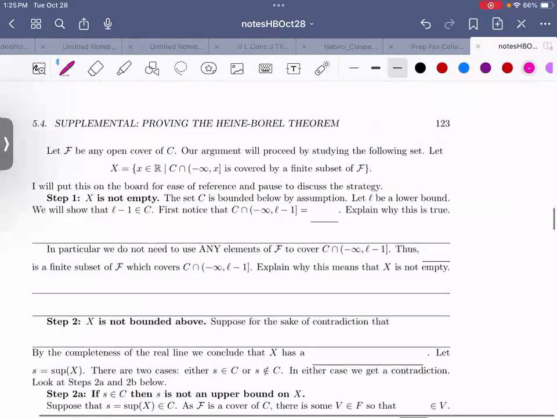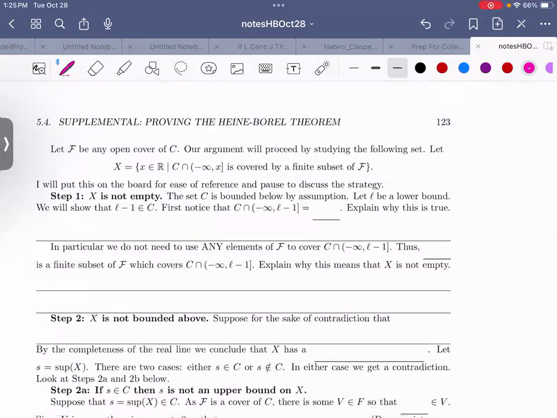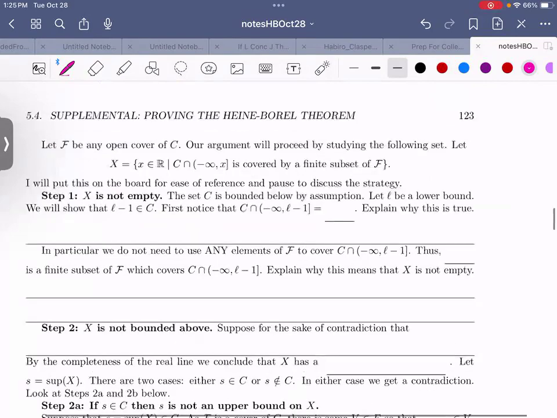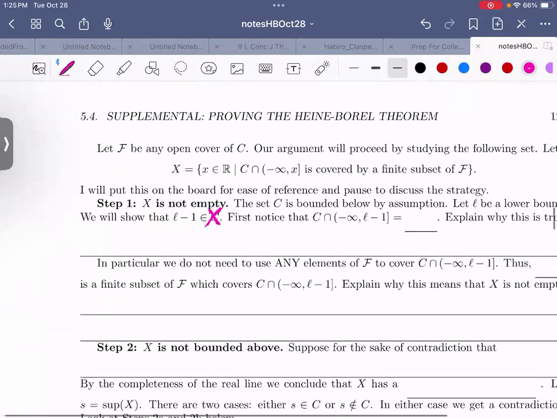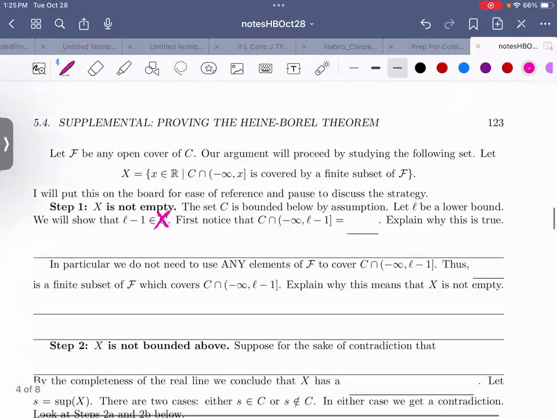X is not empty. The set C is bounded below by assumption. Let's let L be a lower bound. I need to show that L minus 1 is in X. First, notice that this is equal to the empty set. Let's explain why it's true. Well, maybe proceed by contradiction.